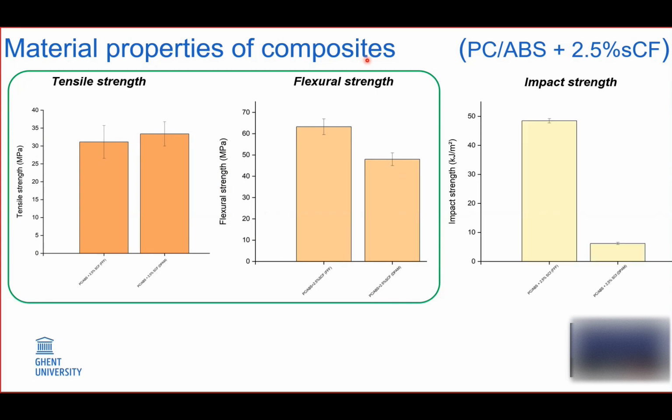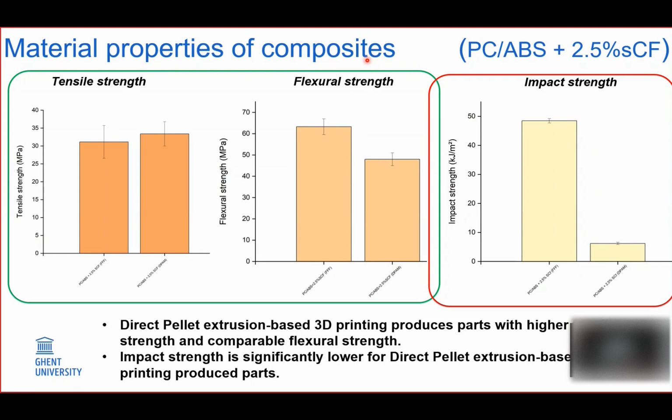But then we tested the impact stress and noticed that it is significantly lower for the pellet-based additive manufactured parts than for the FFF manufactured parts. So this is of course a problem which we would like to look into and solve.